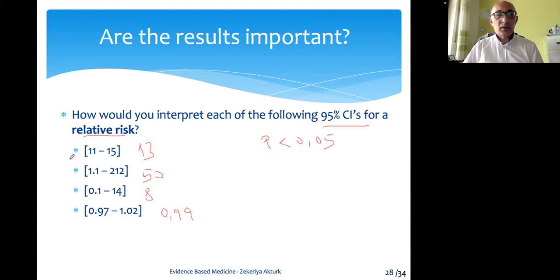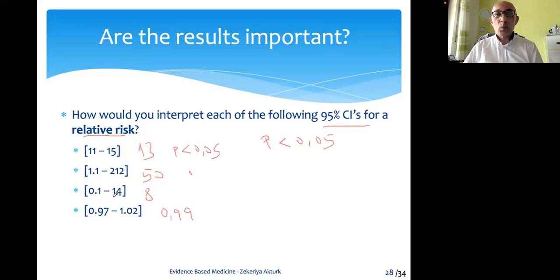Is this including 1, this confidence interval, 11 and 15? Between 11 and 15, we don't have 1. So this p-value is less than 0.05. What about this one? It is also less than 0.05. What about this one, 0.1 and 14?